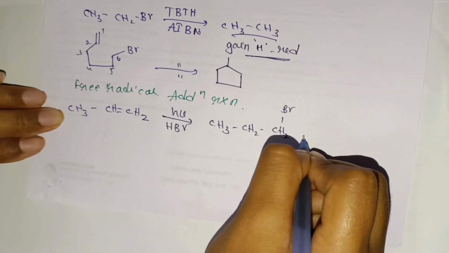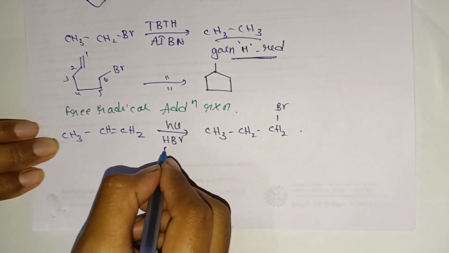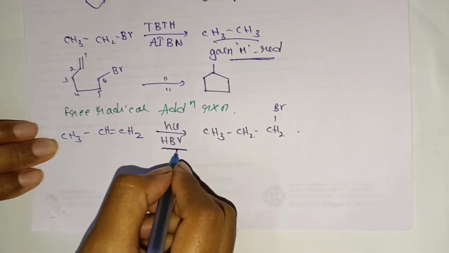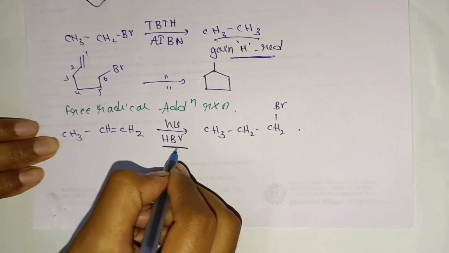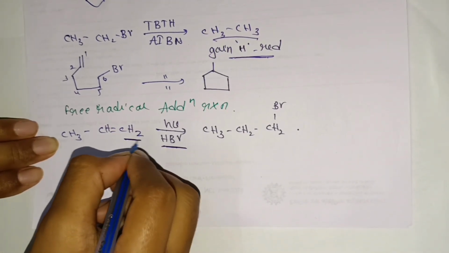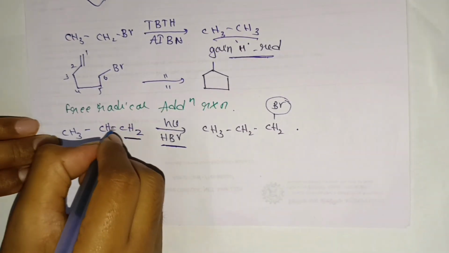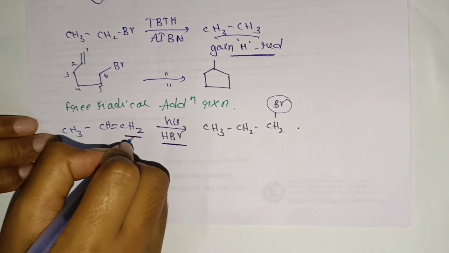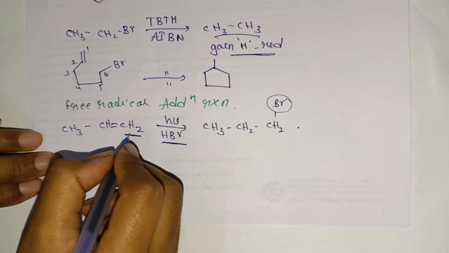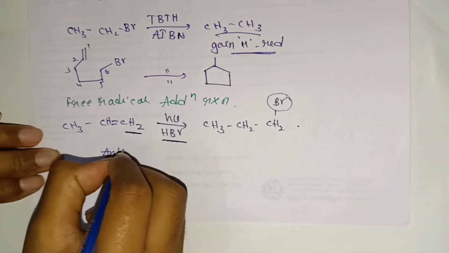This is the anti-Markovnikov rule. Anti-Markovnikov rule is only applicable for HBr. The negative part of the reagent is added to wherever there are more hydrogens, then we add bromine. Olefins have a greater number of hydrogens. These olefins are involved in free radical addition reactions. It mainly follows the anti-Markovnikov rule.